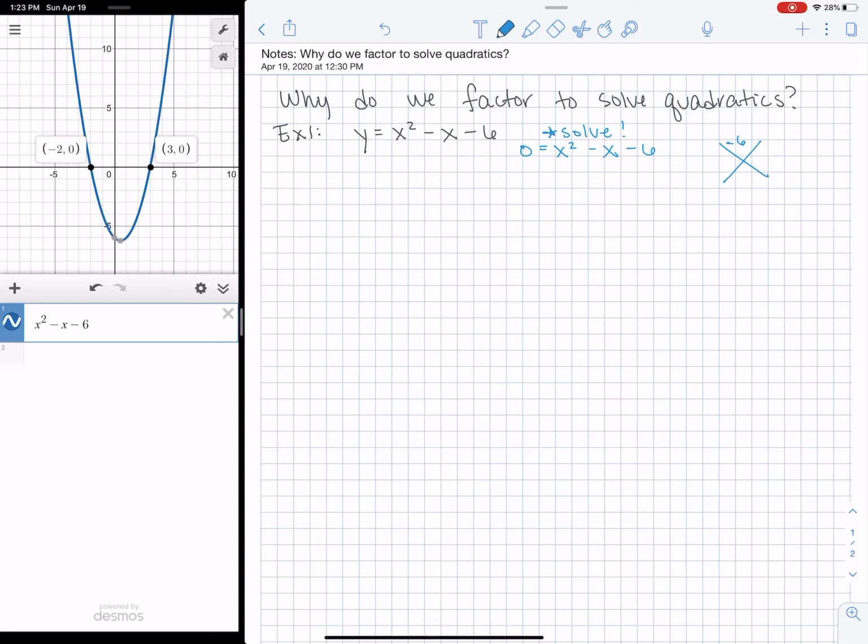And I need to see these little diamonds set up, -6, -1. That gives me a -3 and a +2, meaning that my factors are x minus 3 and x plus 2. We set both of these equal to 0 because of the zero product property rule.